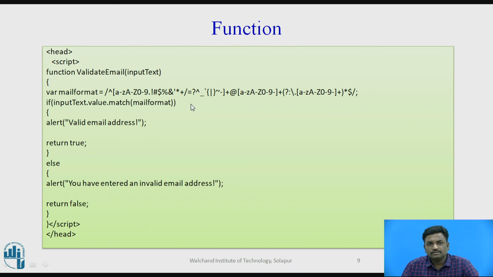Now just check this function. Here we are trying to validate the email ID. For that we have written a script over here. The script says that if this email ID is following this particular pattern as I explained, then we say it's a valid email ID. And if it doesn't follow this particular pattern, then we say it is not a valid email ID. This is what this function does.